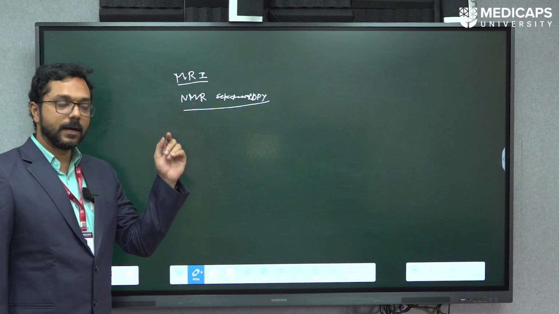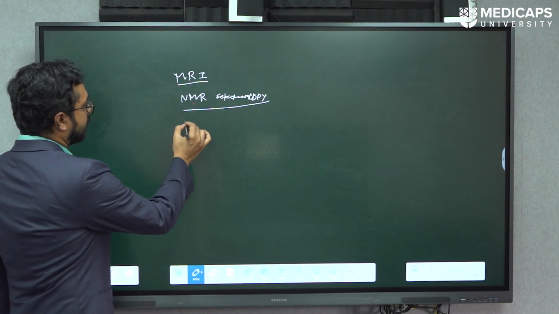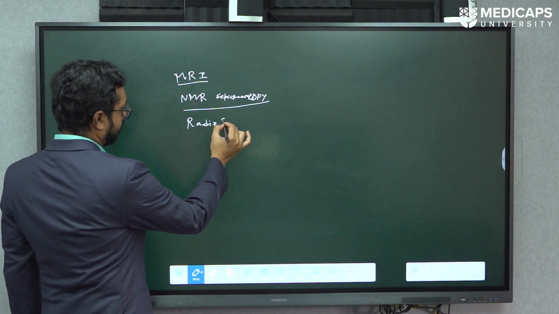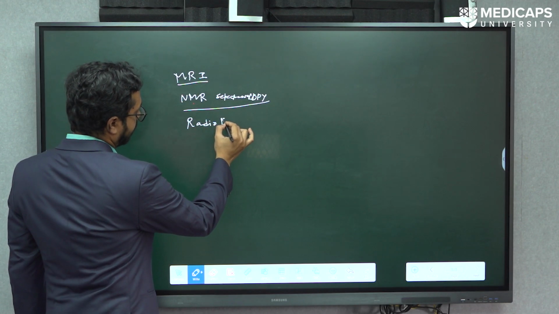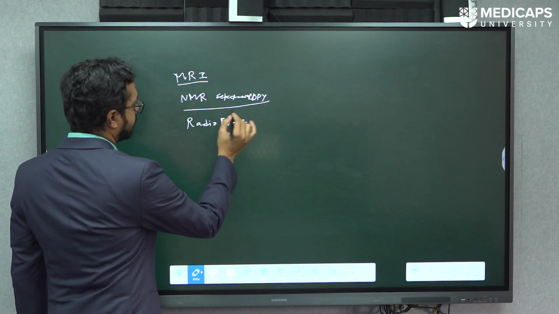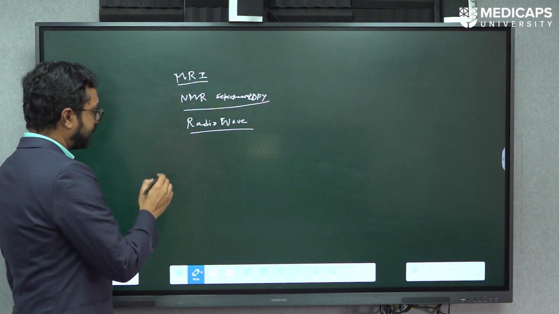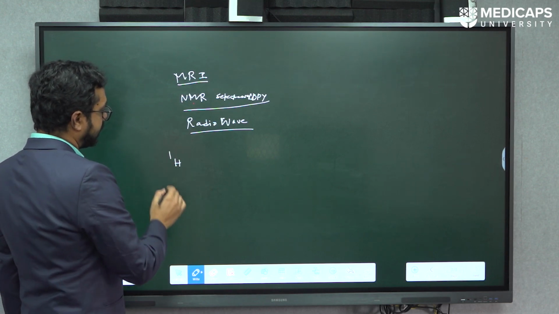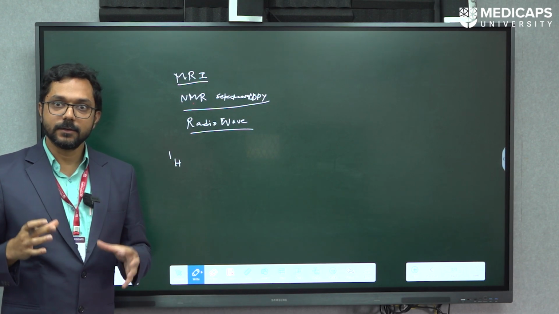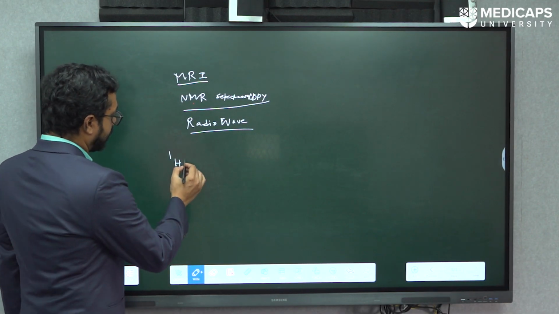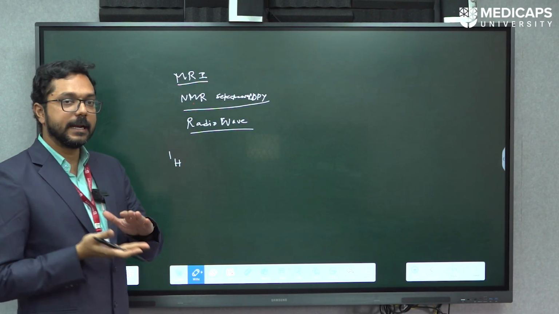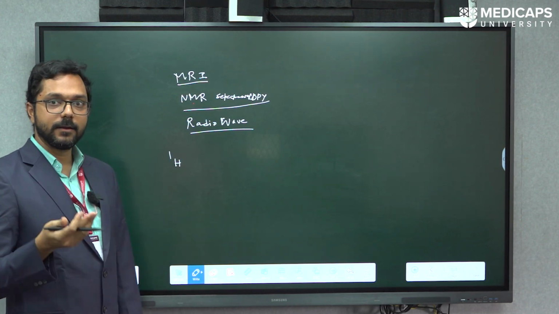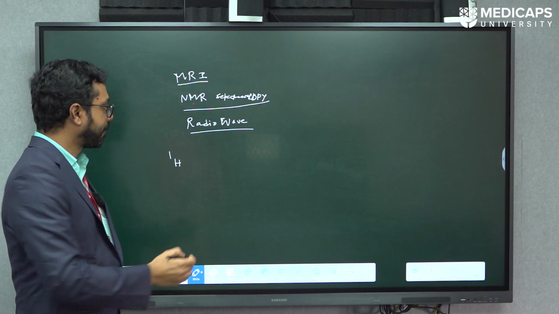Here the light that is used is a radio frequency wave, and when a particular molecule, say a hydrogen atom, is placed in a strong magnetic field, its energy level gets split, then you send the radio wave and excite the spin.